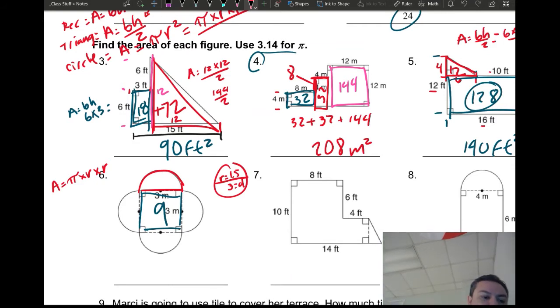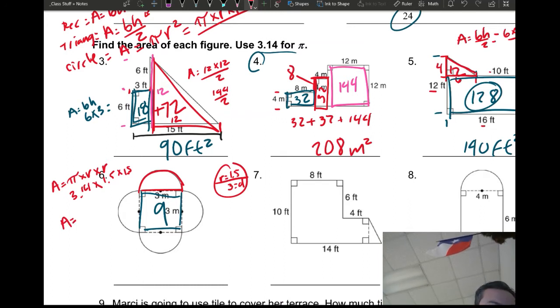So, I'm going to use 3.14 times my radius, 1.5, times my other radius, which is the same, 1.5. And I'm going to multiply that. 3.14 times 1.5 times 1.5 gives you the area for one circle, which is 7.065.